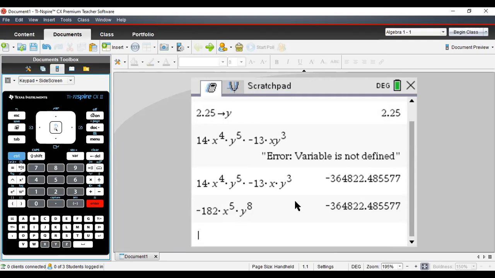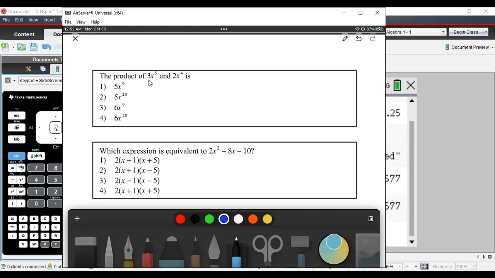All right, now I'm going to do another question and show you the same thing. If you look at my iPad, it says the product of 3x to the 5th times 2x to the 4th. Remember that product means multiplication.